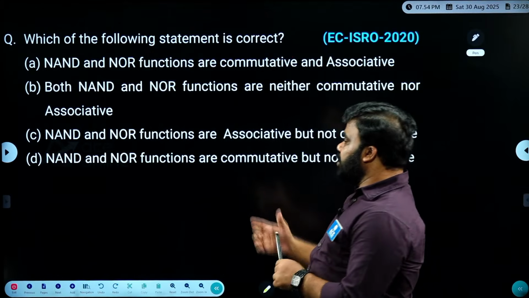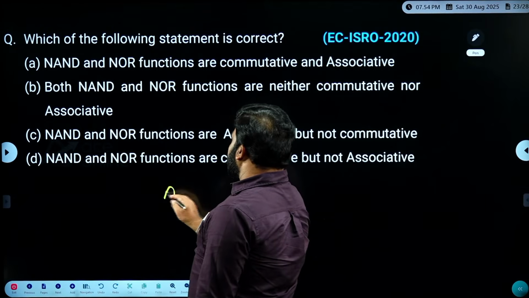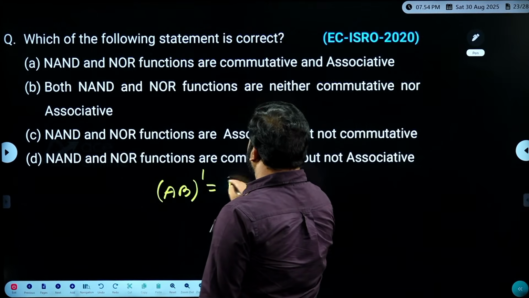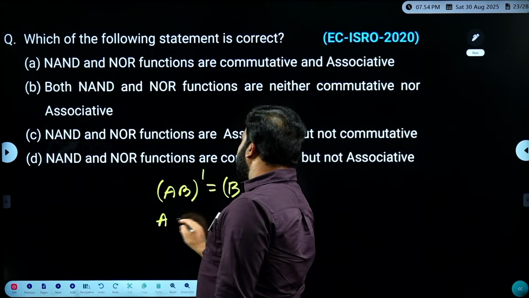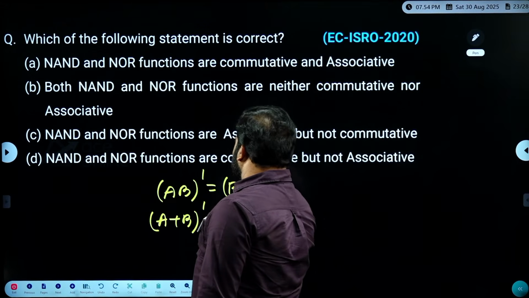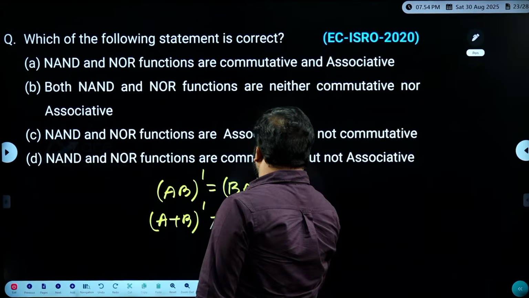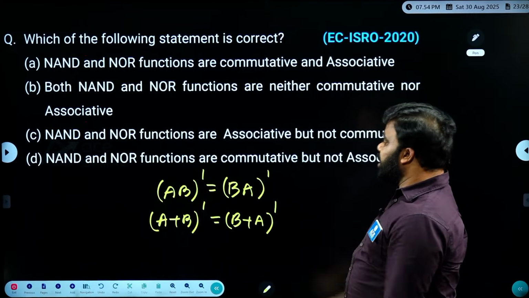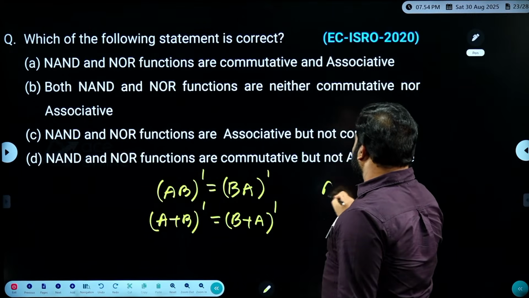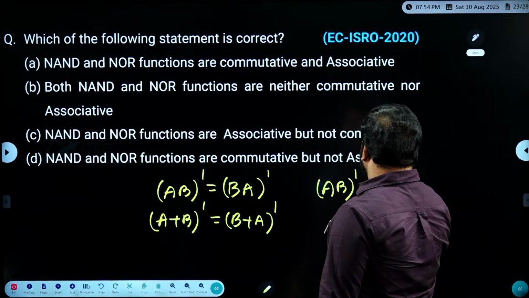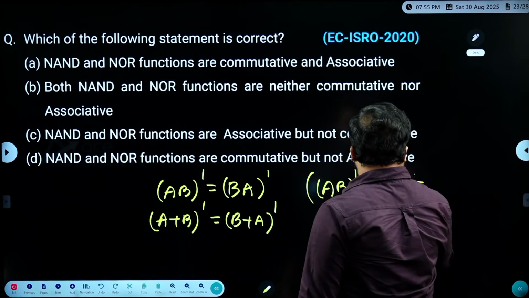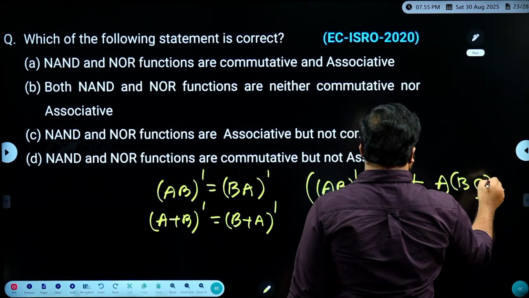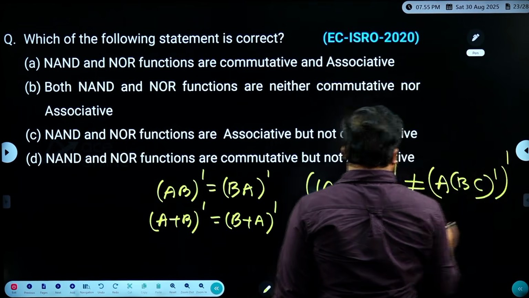AB whole bar is equal to BA whole bar, and also A plus B whole bar is equal to B plus A whole bar, which says NAND and NOR are commutative, but they cannot be associative. Why? AB whole bar and C whole bar is not equal to A BC whole bar and again bar.